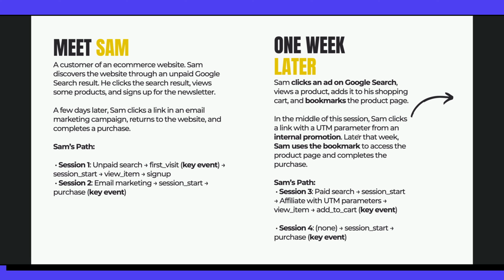So let's focus on these, and based on these, Google will credit the events for each source medium accordingly. And this is, by the way, what we used to have in Google Universal Analytics. In Universal Analytics, we did not have session source medium or session channel group or even first user dimension.